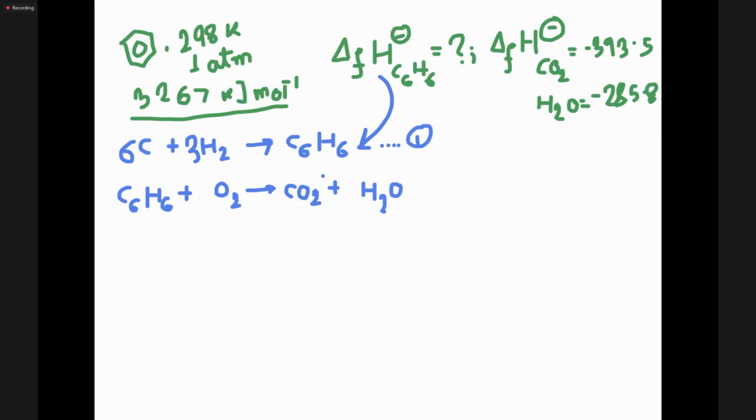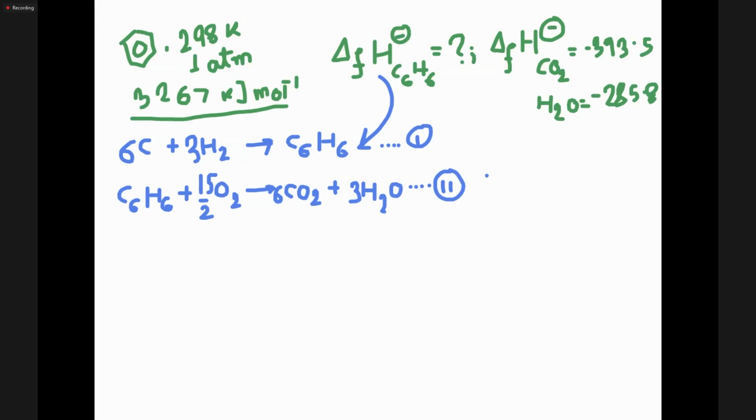On the right hand side, we also have to balance this equation. We will put a 6 over here to make the carbon atoms the same. We have to make this 3 because the number of hydrogen atoms should be the same. And so the oxygen count is 6 into 2, that is 12, plus 3, 15. There is 2 oxygen over here, so we will have 15 by 2 here. So now we have the second equation, which is the combustion reaction.